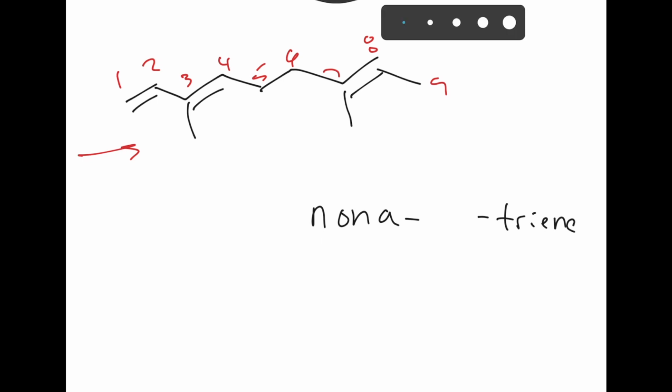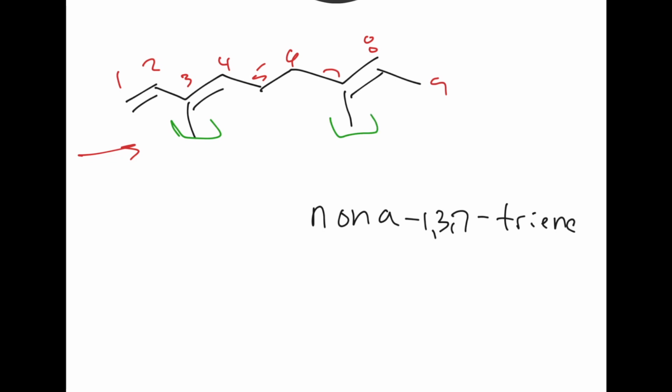So it's going to be 1,3,7-nonatriene. Dimethyl. I have 2 methyl groups, a methyl group here and here. So that'll be 3,7-dimethyl nona-1,3,7-triene.